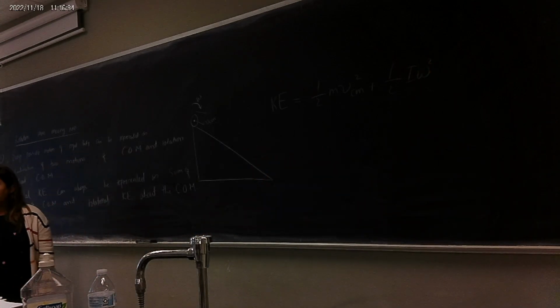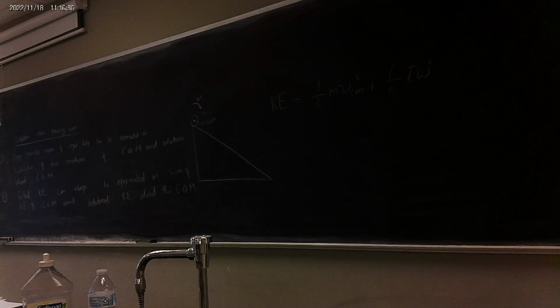What is half m v square? It's the formula for the linear kinetic energy, right? If anything is moving in a straight line, you will use this formula. V_CM represents the speed of the center of mass, right? And half I omega square is the rotational kinetic energy. If you sum them both, that gives you the total kinetic energy of the system.